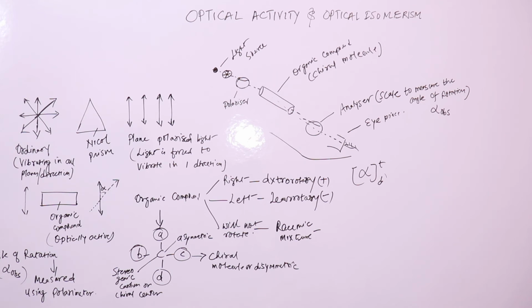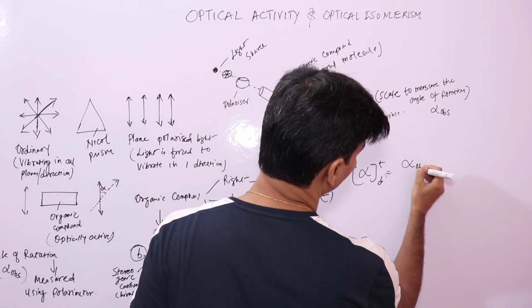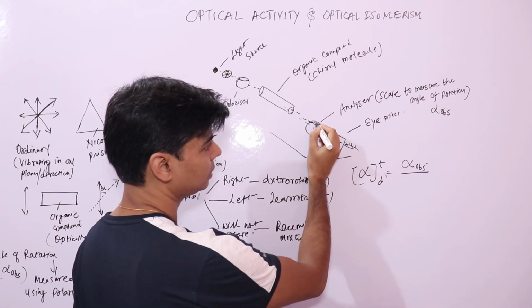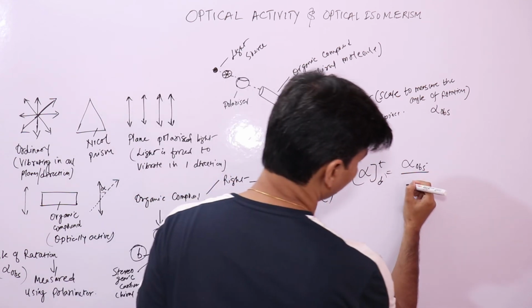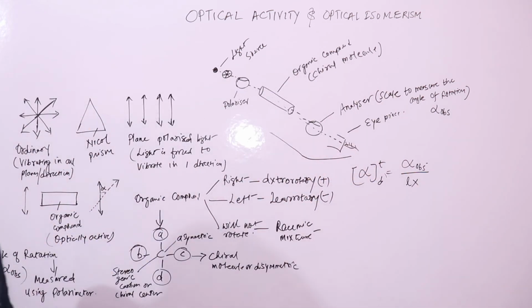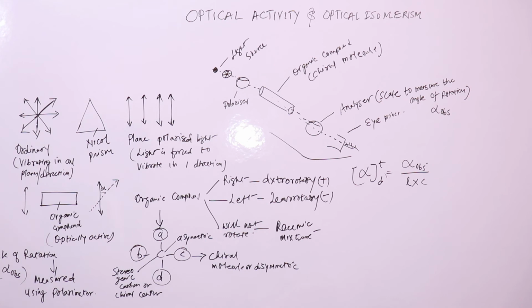This is given by alpha, the observed angle of rotation which we calculated by rotating this analyzer, divided by length multiplied by concentration. So this is the formula to calculate it.